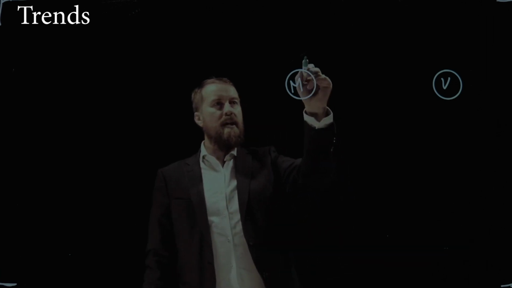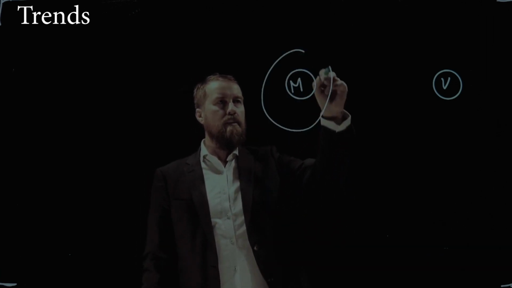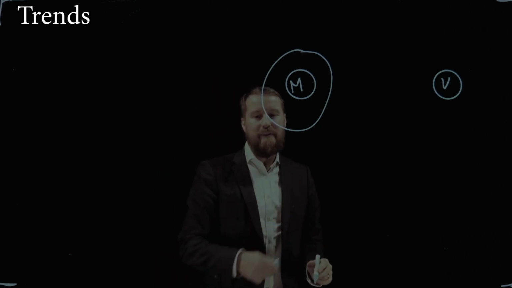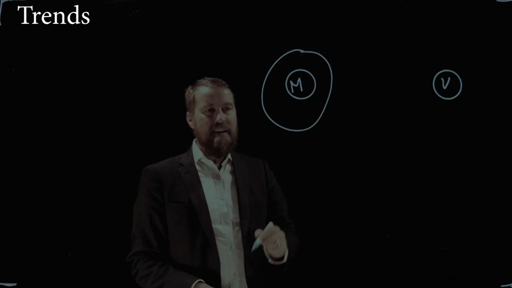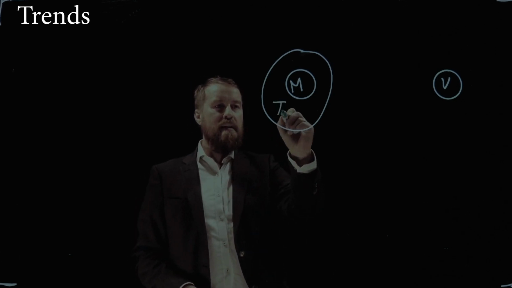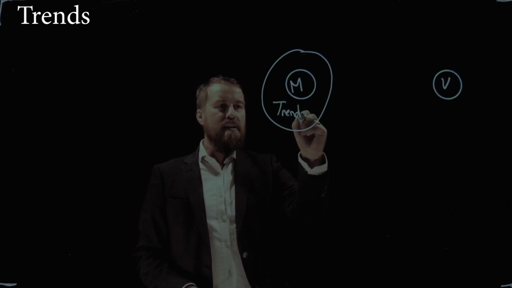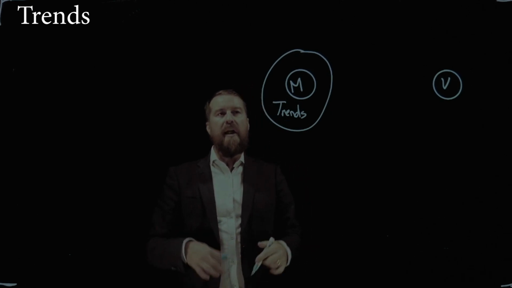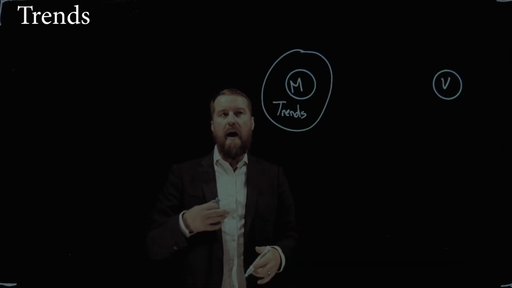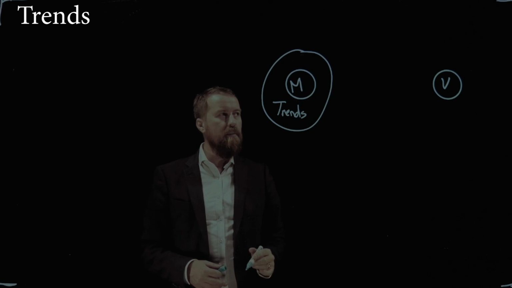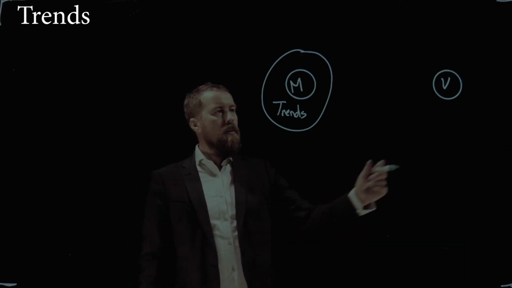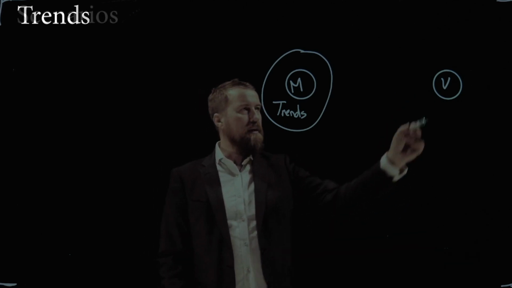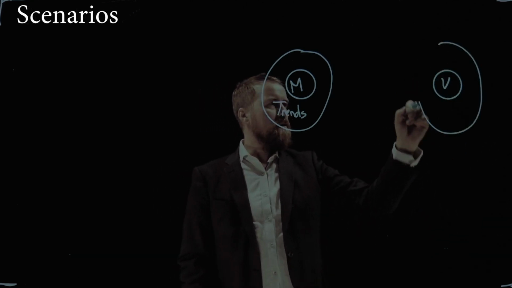And if we start with the first circle around here, sorry for the strange shape of it, the potato shape, we have the trends, because the trends have an impact on how we can implement our mission here in the middle. On the other hand, the vision, where we want to be, is also encircled.